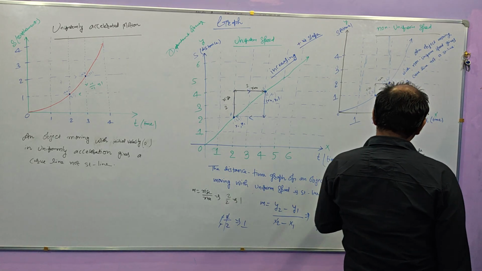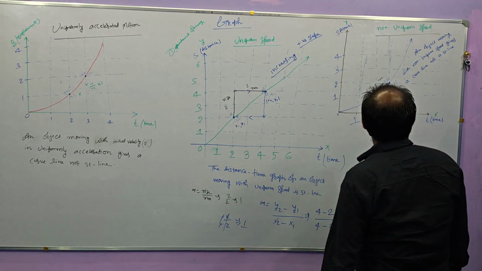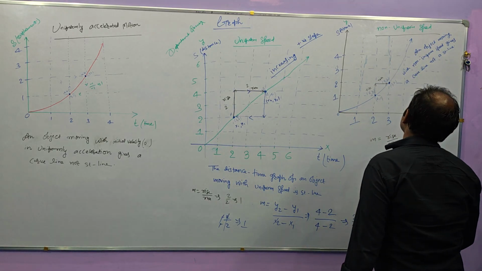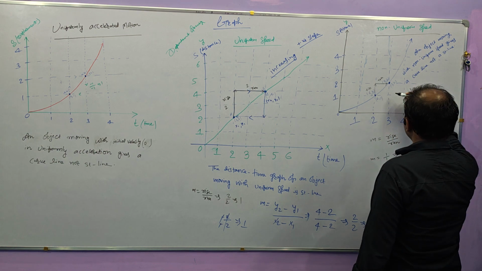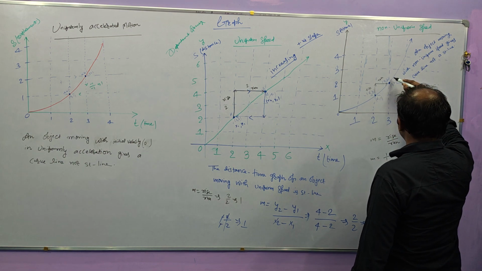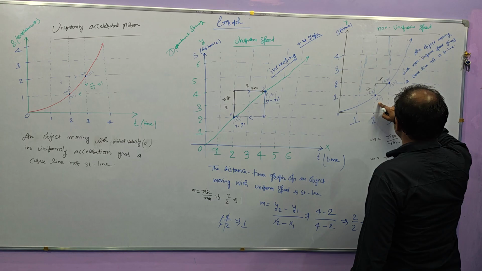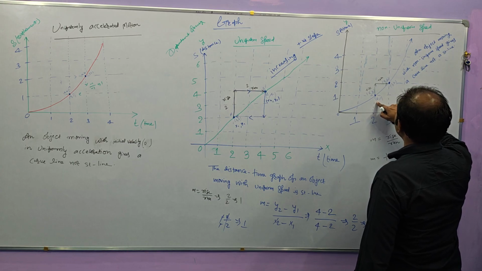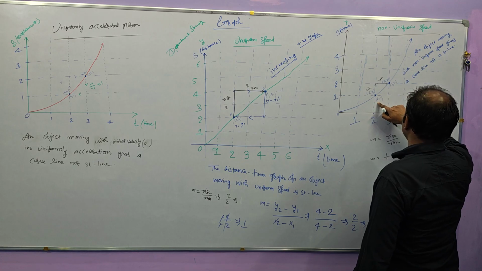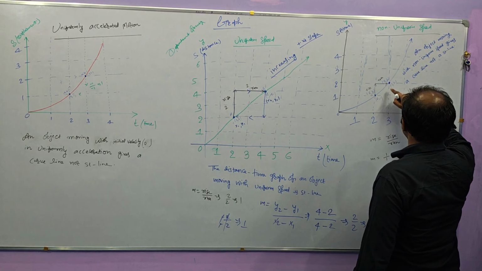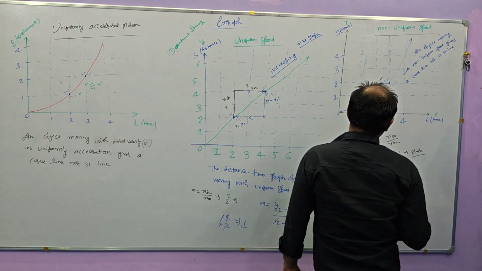Now according to coordinates, we have x1 y1 and x2 y2, where x1 is equal to 2, y1 is equal to 1, x2 is equal to 3, y2 is equal to 3.